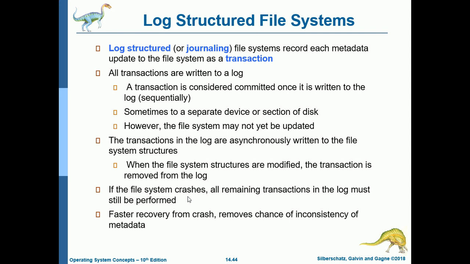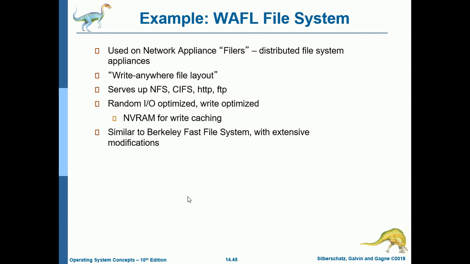However, the file system may not yet be updated. The transactions in the log are asynchronously written to the file system structures. When the file system structures are modified, the transaction is removed from the log. If the file system crashes, all remaining transactions in the log must still be performed. So this is for a log structured file system. It gives faster recovery from a crash and removes the chance of inconsistency of metadata.